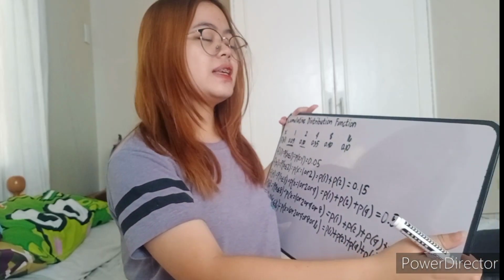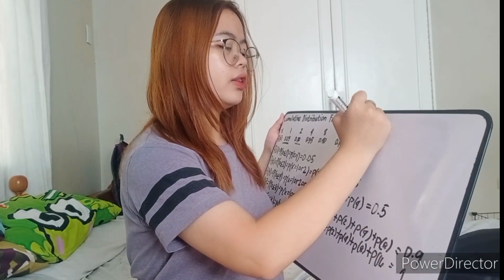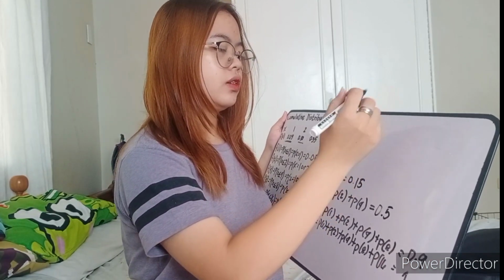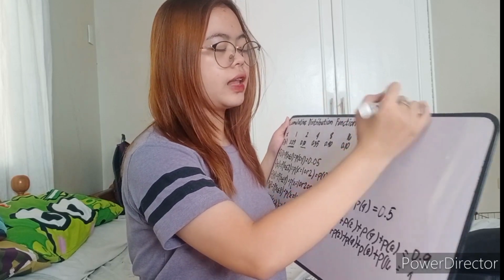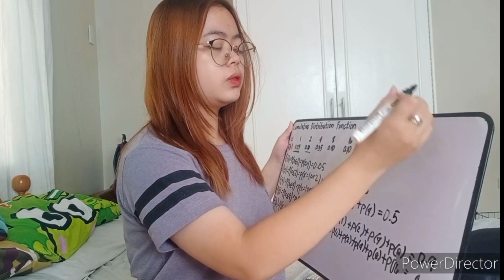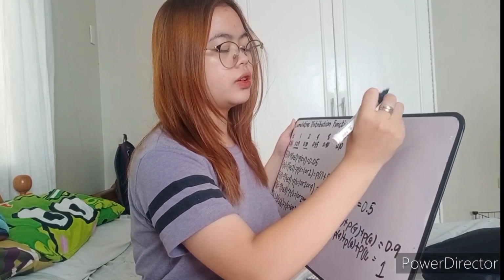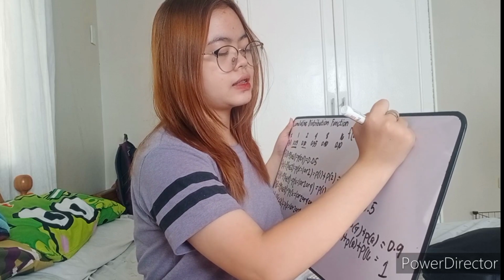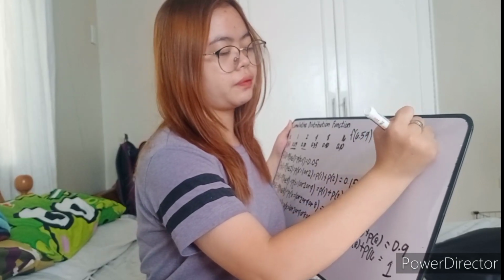Halimbawa, ang binigay sa atin na value is 6.59. Or let's say F of 6.59 is equals to the probability or P of X is less than or equal to 6.59.